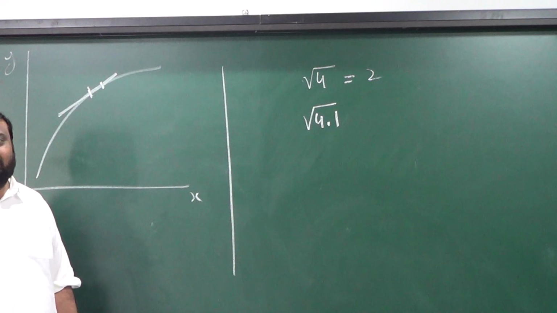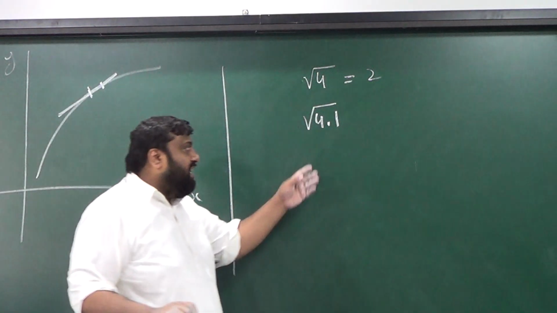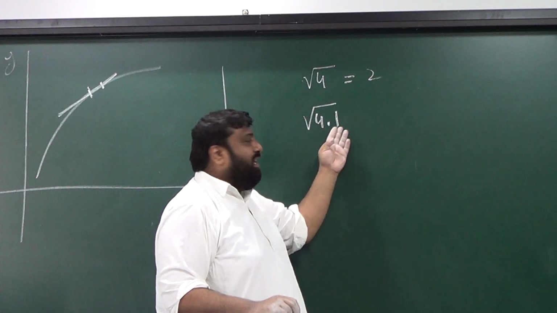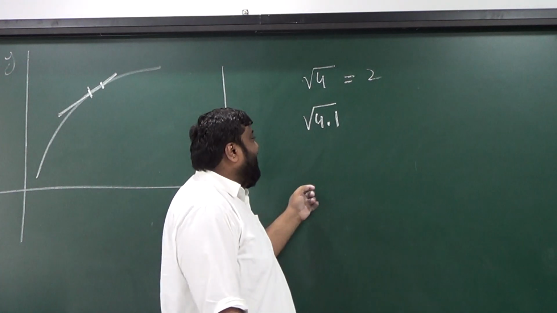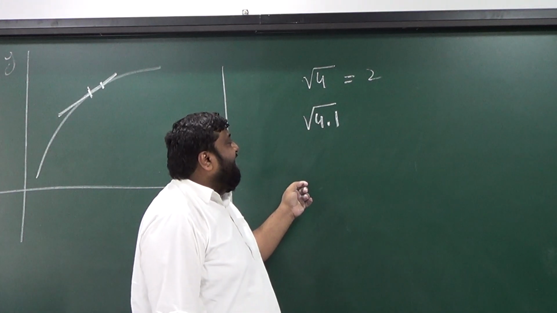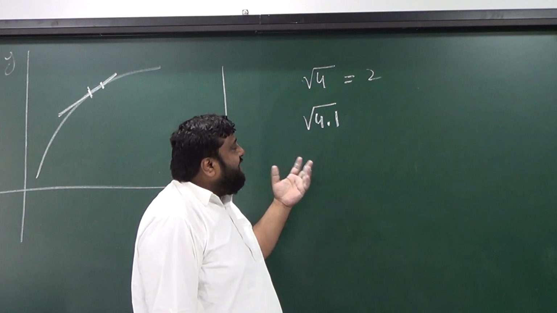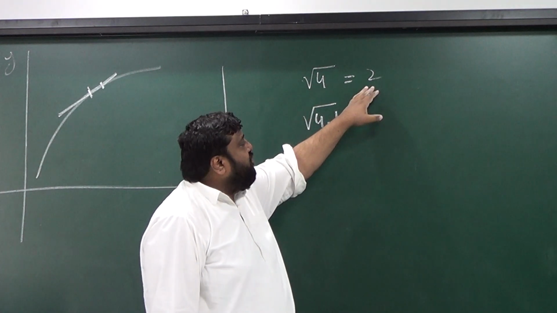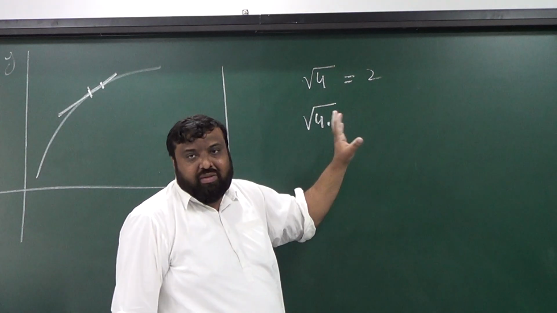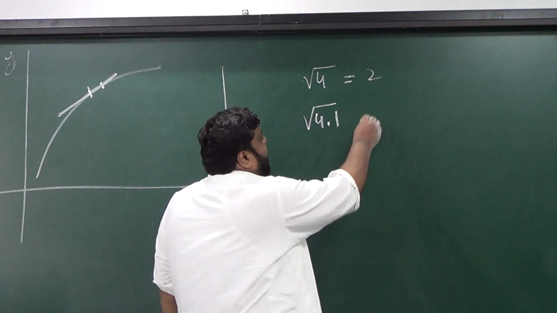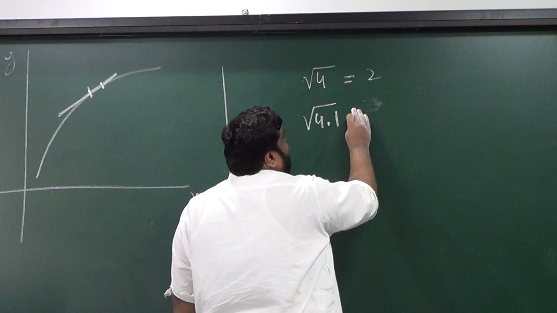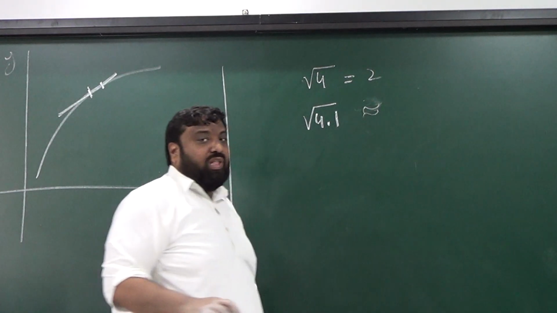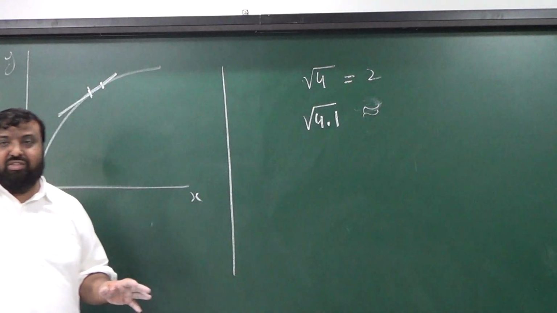You would wish that you did not have this 0.1. You can estimate that if the square root of 4 is 2, then this is going to be 2 point something. But the question is, can you compute this without using a calculator? This is the challenge.